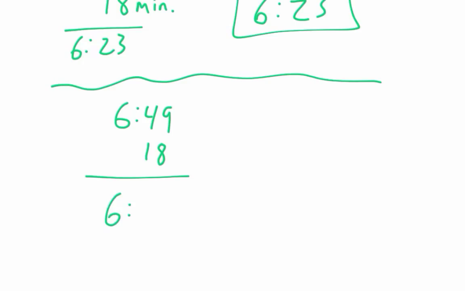I didn't really plan on this, but 6:49. Do you agree that gives you 6:67? Because 49 plus 18 is 67, right? But once you hit 60, you're over to your new hour. So Abby's right on, it would end up being 7, and that 7 takes away my 60 from right there. So just 7:07. Does that work for people? Yes.